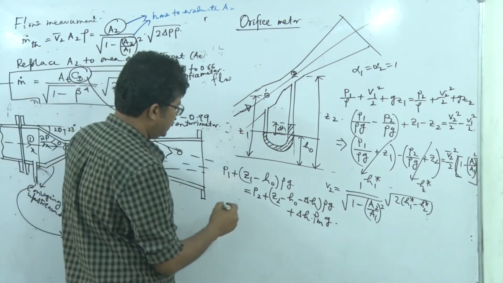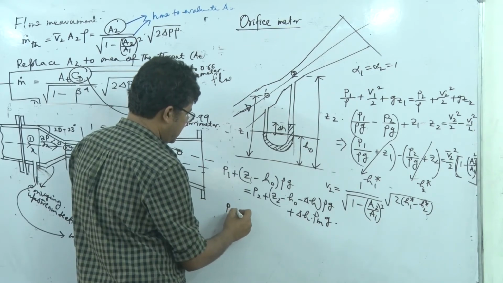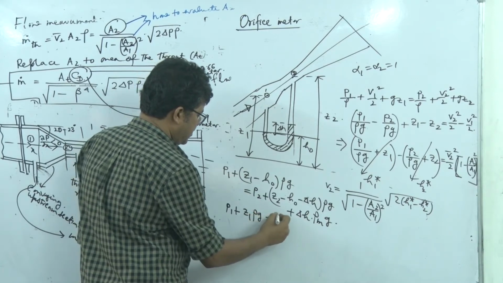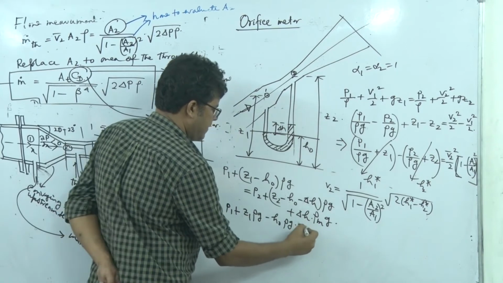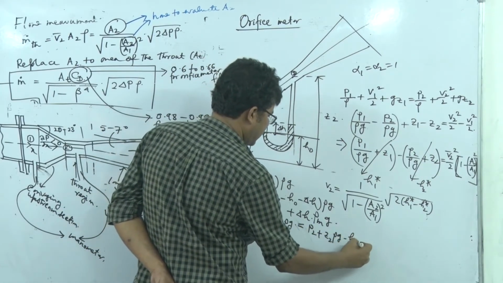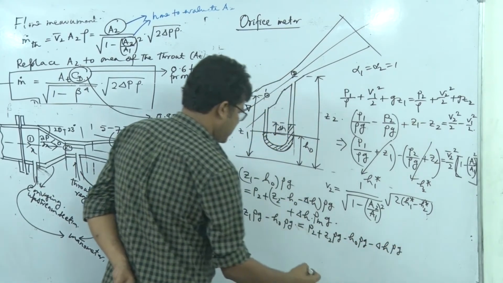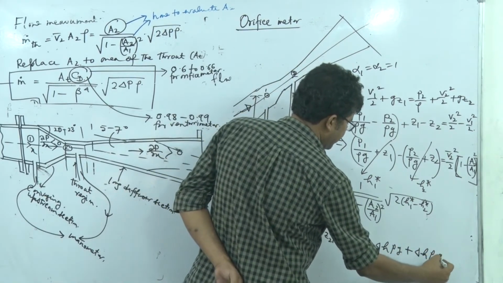So you see this, if I now group it, P1 plus Z1 rho g minus H0 rho g is equal to P2 plus Z2 rho g minus H0 rho g minus delta H rho g, then plus delta H rho m g.